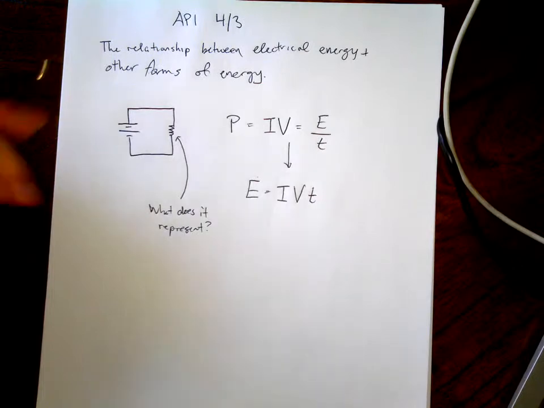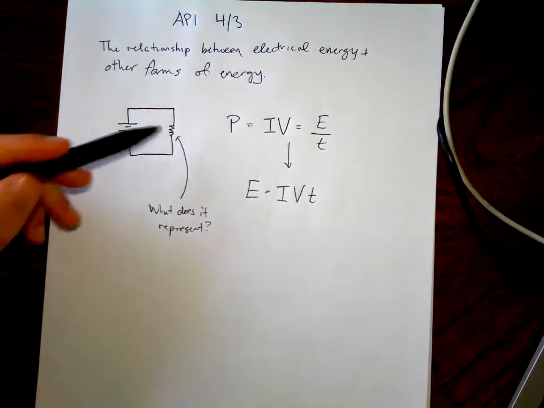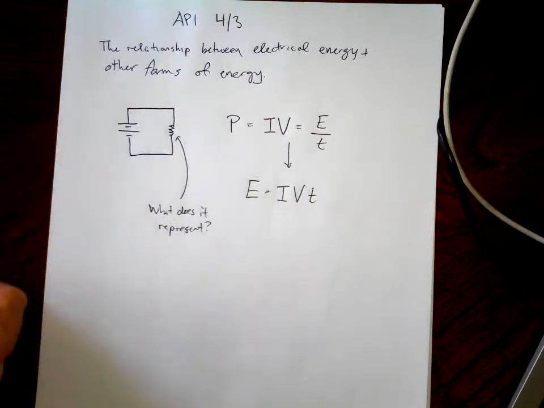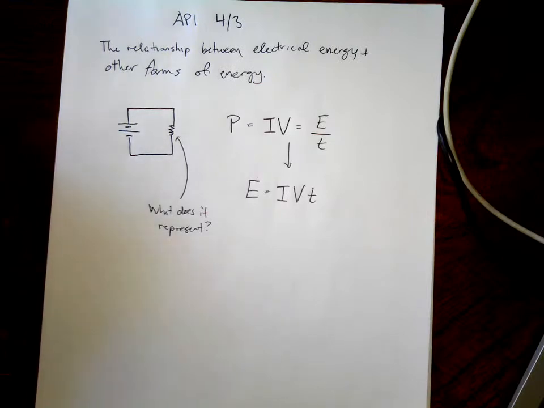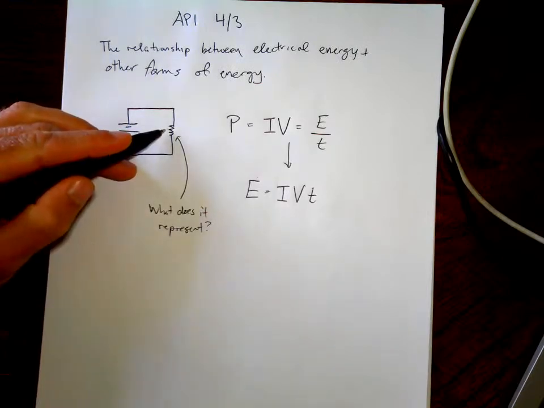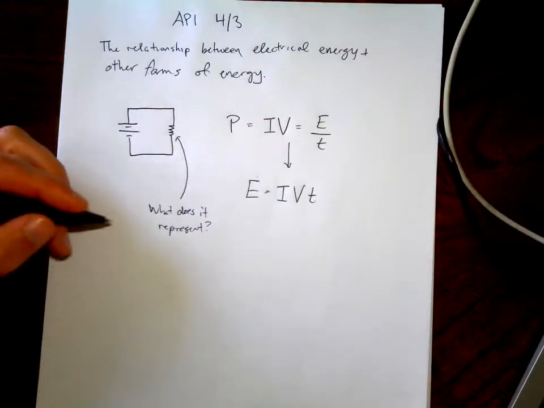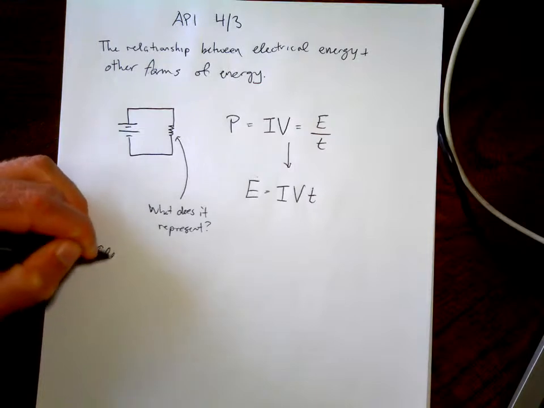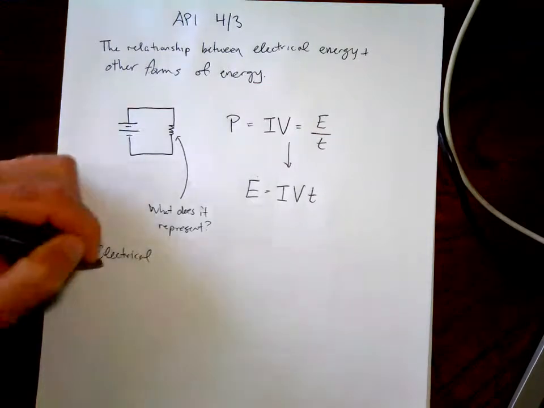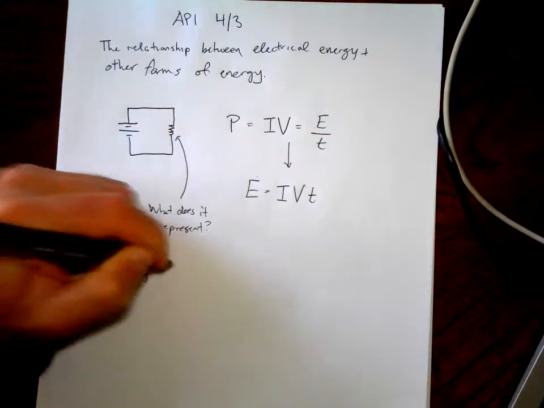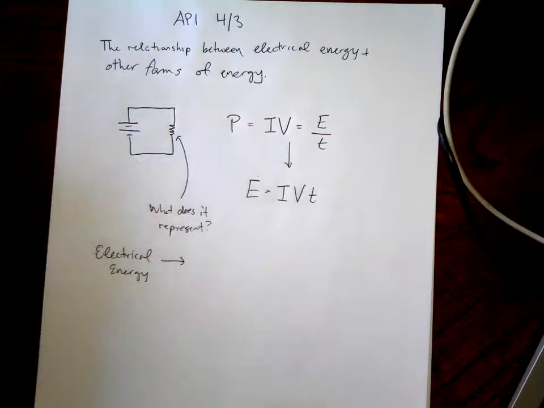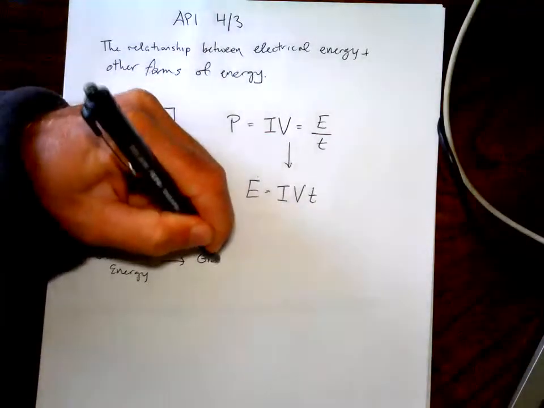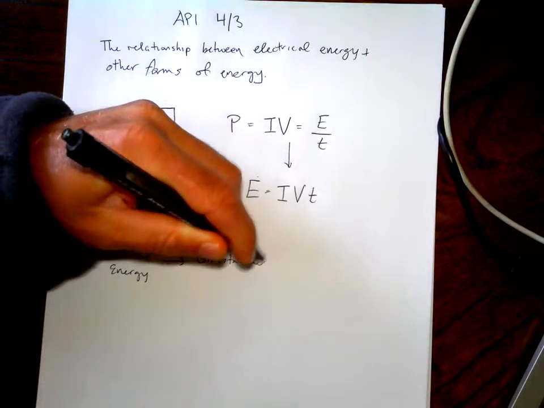For example, what if this resistor represents something that is lifting another object, maybe a crane of some kind? In that case, electrical energy becomes gravitational potential energy.